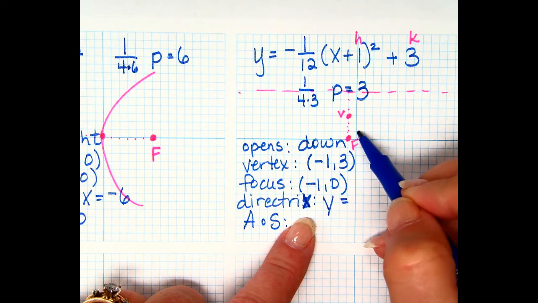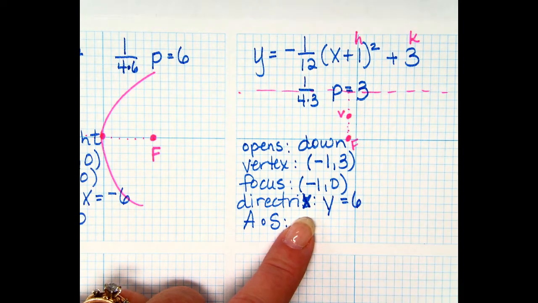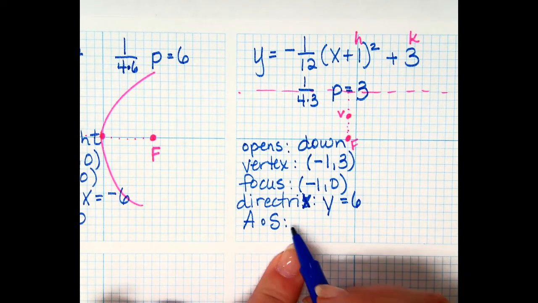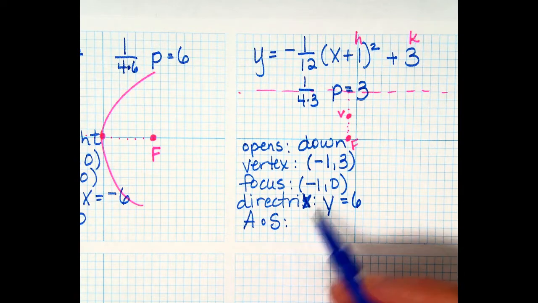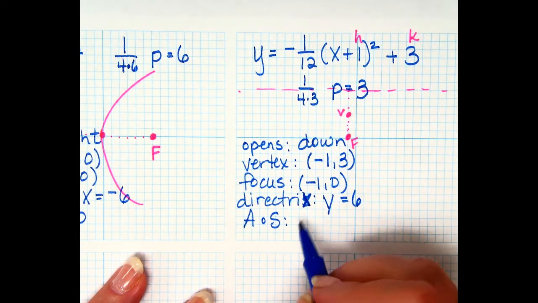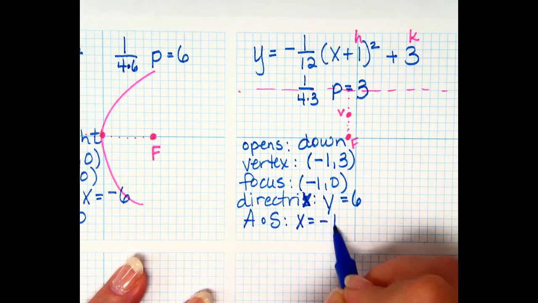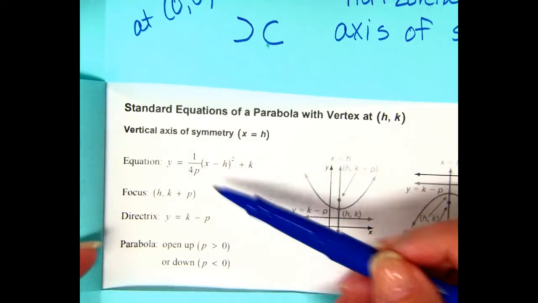Where is it crossing? At 6. Where's my axis of symmetry? Yeah, it's going right through the vertex and right through the focus here, and that would be the equation x equals -1.